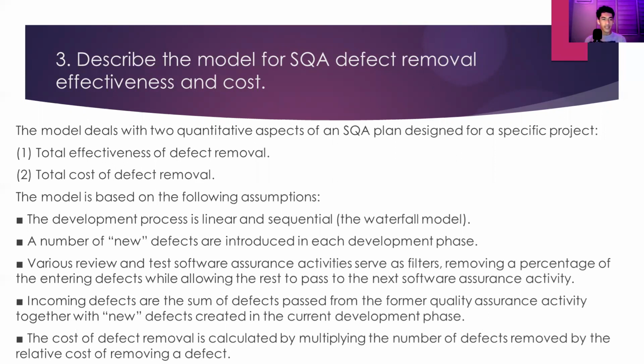Fourth, the incoming defects are the sum of defects passed from the former quality assurance activity together with the new defects created in the current development phase. Fifth, the cost of defect removal is calculated by multiplying the number of defects removed by the relative cost of removing a defect.